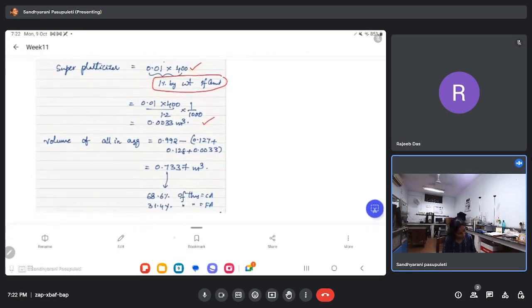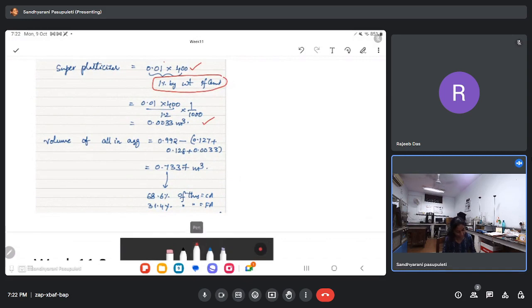So now what are the volumes of aggregates? This is the total concrete volume after removing the air. From this total volume of concrete, let us remove the volume of cement, volume of water and volume of plasticizer. Whatever is remaining is the volume of aggregates.